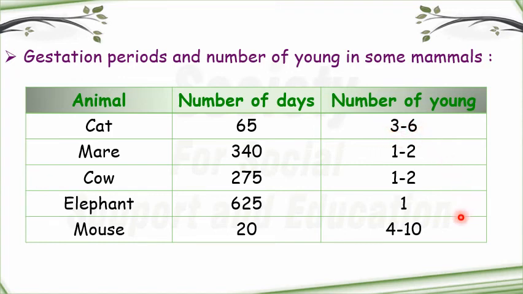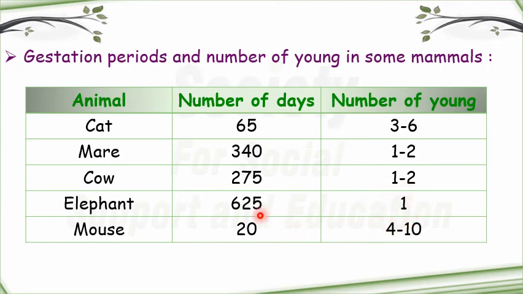Whereas, if we look at the cow, for example, or the elephant, this elephant, which has a much bigger size than the cat, it takes more time. So the gestation period for this elephant is 625 days and it only gives one elephant.